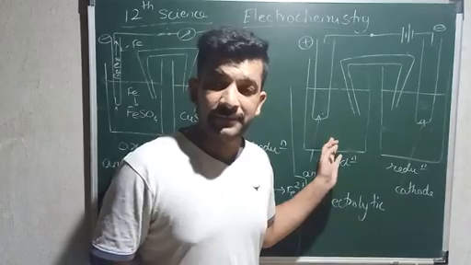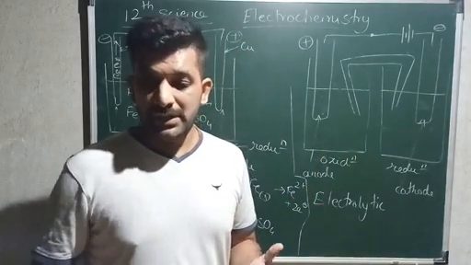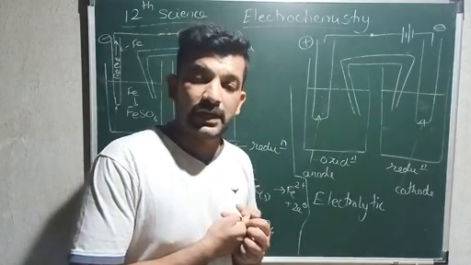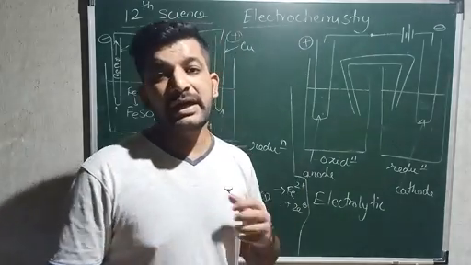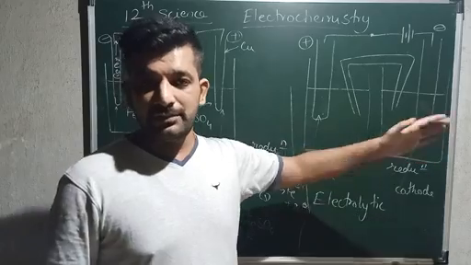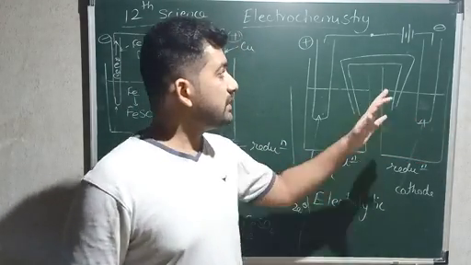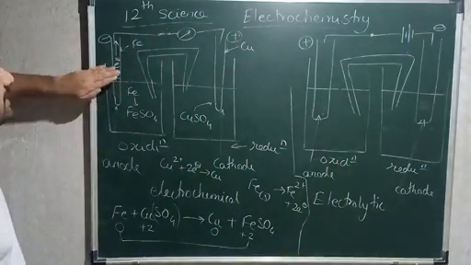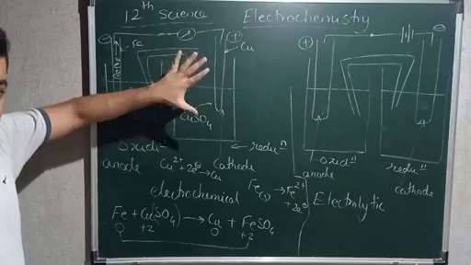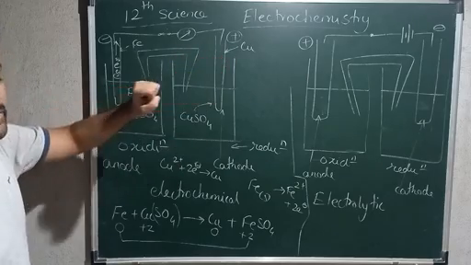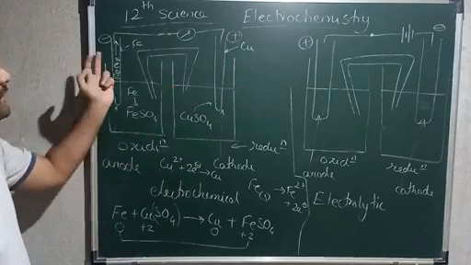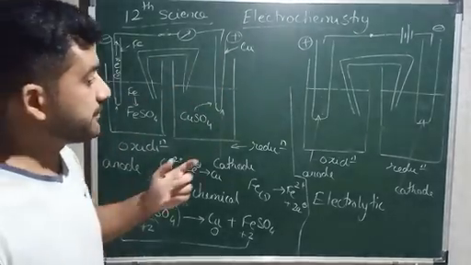Here what is happening? Forcefully, the food is taken away and given in excess to the next part. Is that clear? So in this way, these electrons are moving by themselves in adequate amount. Copper is pulling those electrons and getting reduced. That's why this will have positive charge, this electrode will have negative charge.